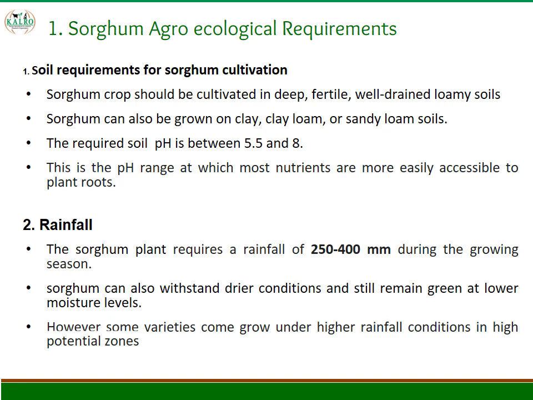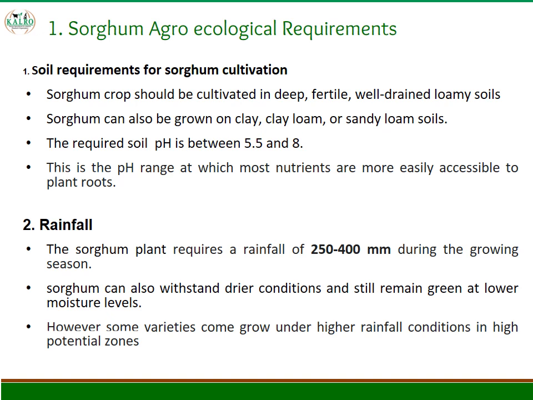The other requirement is rainfall. Every plant needs water to germinate and to be able to grow and reproduce. For sorghum, that's why we are saying it's a hardy crop, because it requires minimal rainfall per season. For example, the sorghum plant requires a rainfall of 250 to 400 millimeters throughout the growing season. However, sorghum can also withstand drier conditions and still remain green at lower moisture levels.